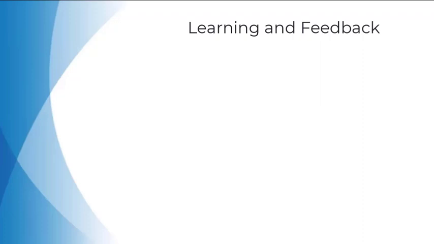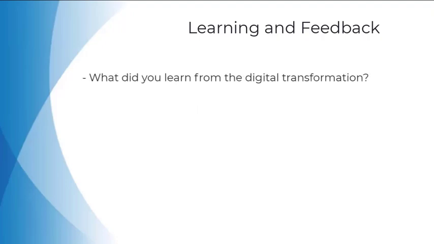So this brings us on to the final step within the EASL conceptual model, which is your learning and feedback. And I suppose, in summary, this is basically looking at what went well and what didn't. So you will need to ask yourself, what did you learn from the overall digital transformation process, and what might you actually do differently if you were to approach this type of business transformation again?